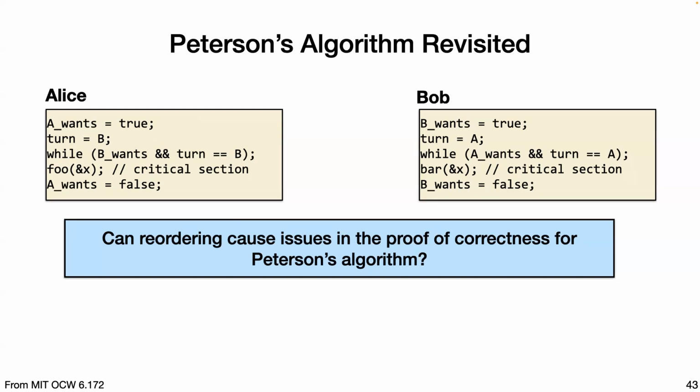We cannot reorder a load and store if they write to the same location. And here we both write to turn and read turn. Yes, I see. You're saying we write turn and we read from turn, and this turn is not going to flip from the order.